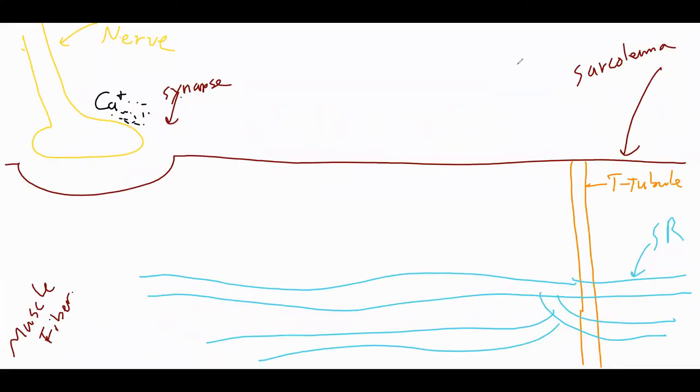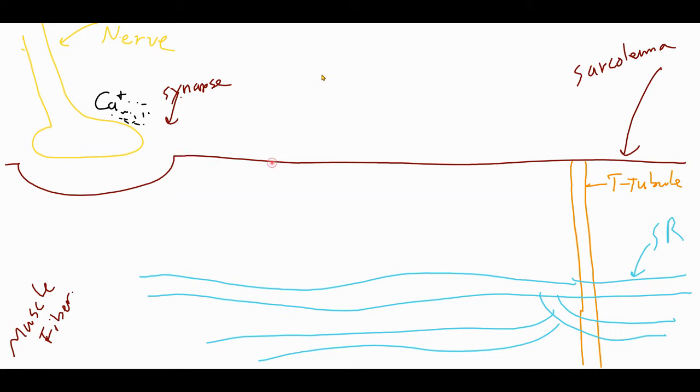So what we've got here, folks, is a nerve over here, right? There's the axon terminal at the end of the nerve. Here we've got the motor end plate, okay, where the nerve and the muscle come together, but they don't quite touch, you can see.